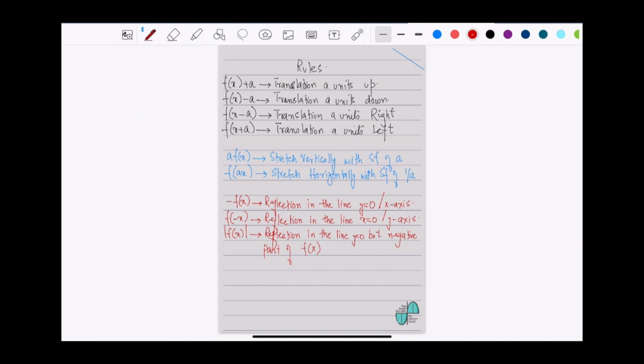And I will do my next session on those parent functions as well. But just remembering those parent functions and transforming them from one place to another by keeping these rules in your head and applying them in their equations, it becomes so easy to understand this way.